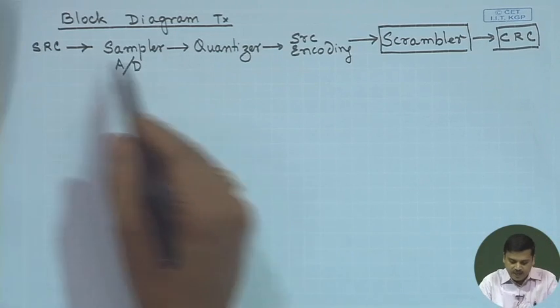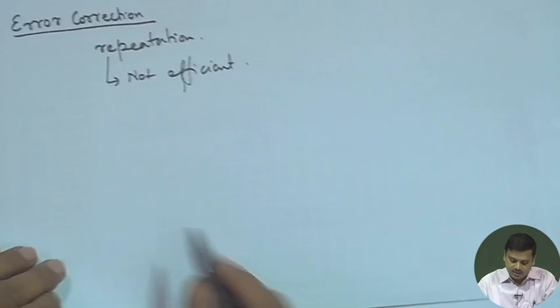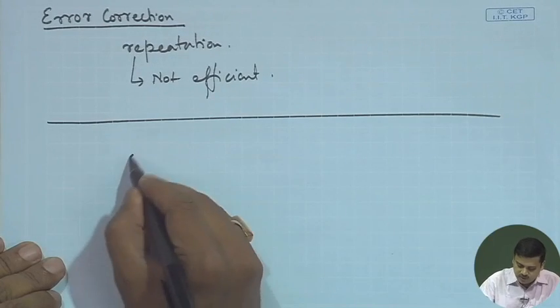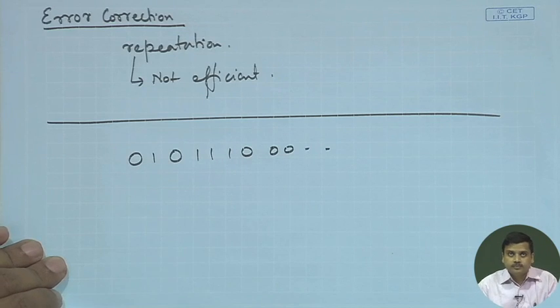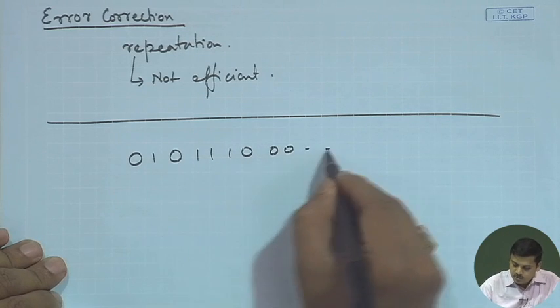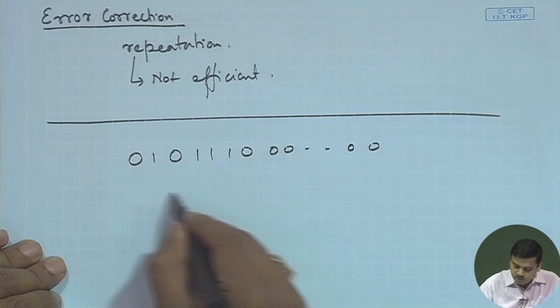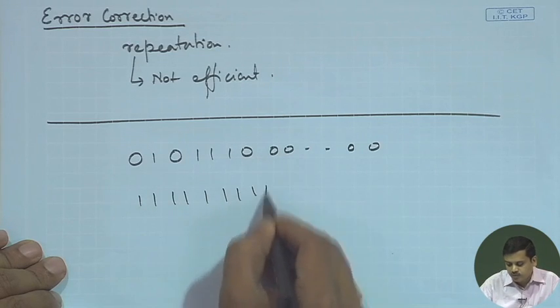So, when we have a source which generates a sequence of, let us say, zeros and ones and so on. Suppose we have a long sequence of zeros or a long sequence of 1s.